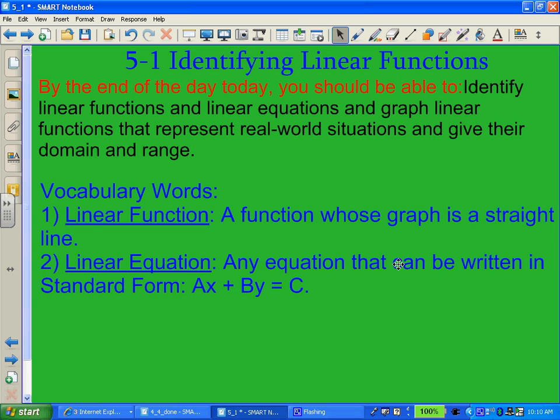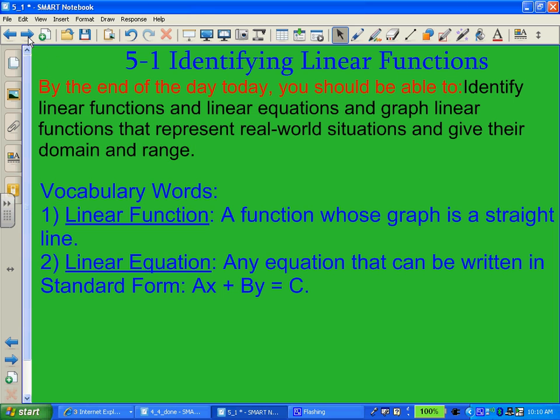Now we learned in Chapter 4 about functions and how to identify functions, and remember that a function has to have every x value paired up with only one y value, and you'll need that information as we move our way through Chapter 5.